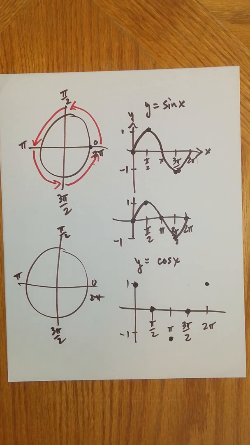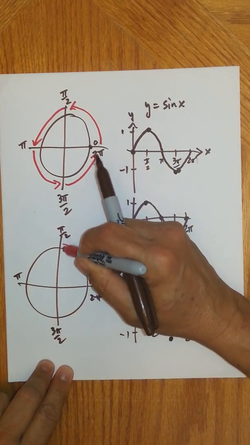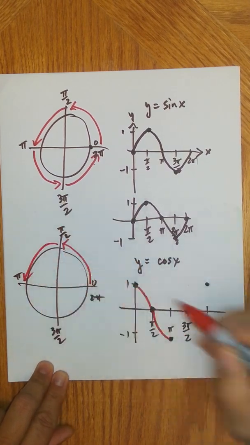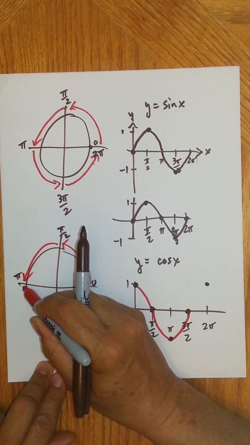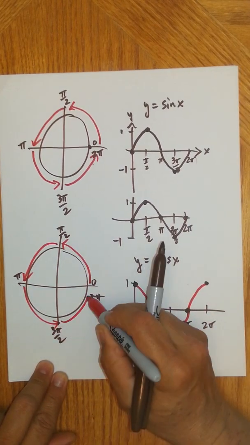And that's happening as, so this part from here to here is this first part. Then as I come this way, that's this part. Then as I do this, that's this part. And then finally as I complete it, that's this part.